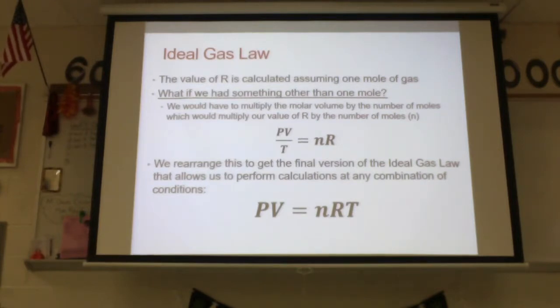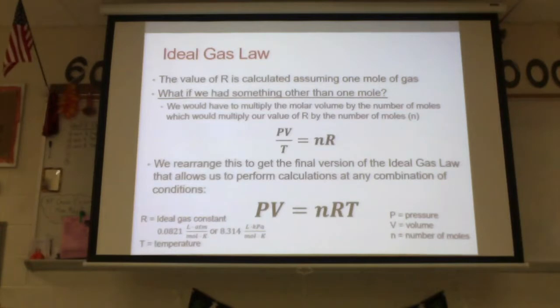So P is for pressure. Knowing our 2 values of R, pressure can either be in atmospheres or kilopascals, depending on whatever's most convenient to us. The volume, V, has to be in liters. n is the number of moles, so it's in moles.